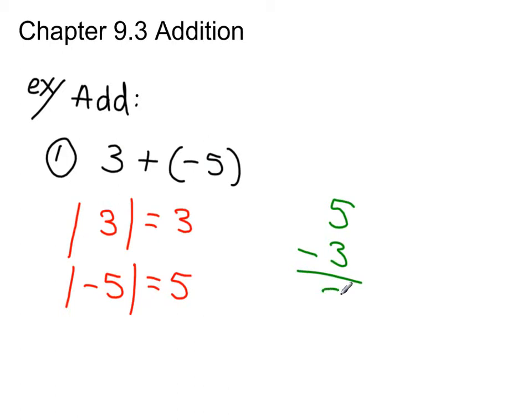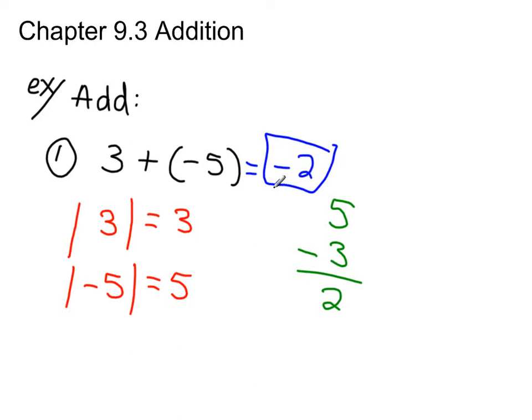And 5 minus 3 is 2. Now this is not my answer. What I need to be careful of is who is technically the bigger absolute value. 5 was the bigger absolute value. Now his sign was negative, so my final answer should be -2.